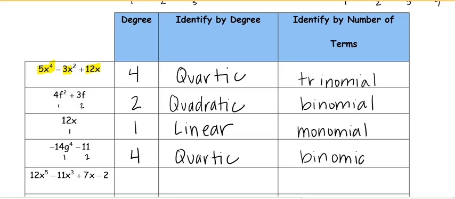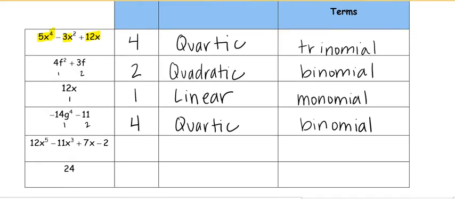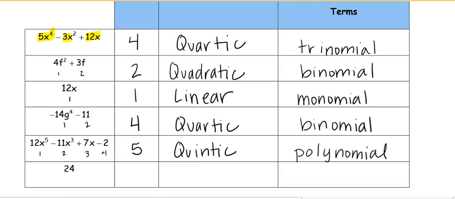So a quartic binomial. In this one we have a degree of 5, so if you remember, that's called quintic. Quintic, and we have 1, 2, 3, 4 terms, so 4 and above is called a polynomial. If you see that your degree is 0, there's no variable, there's no exponent, it's 0.